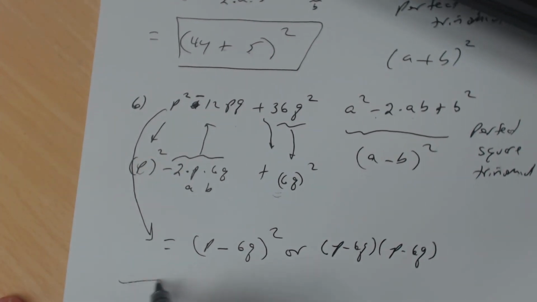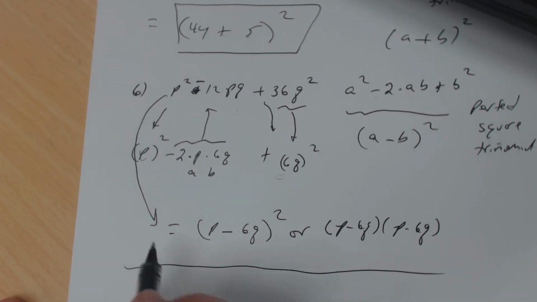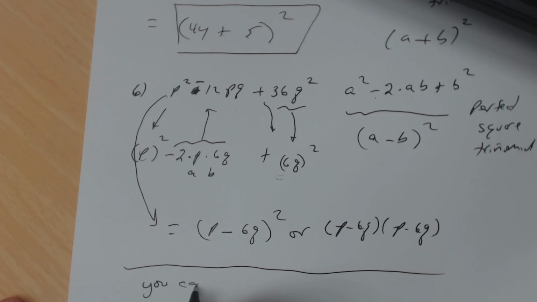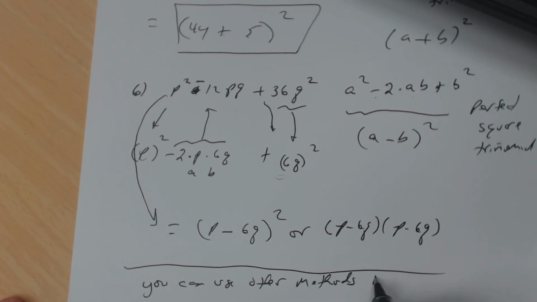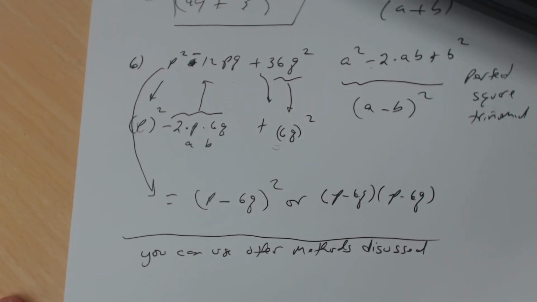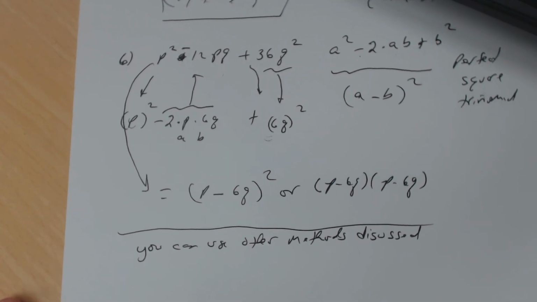All right. Now, remember, you could have done trial and error. So let's look at that same problem. You can use other methods discussed. But I did need for you to understand what a perfect square trinomial looks like and how to factor it.